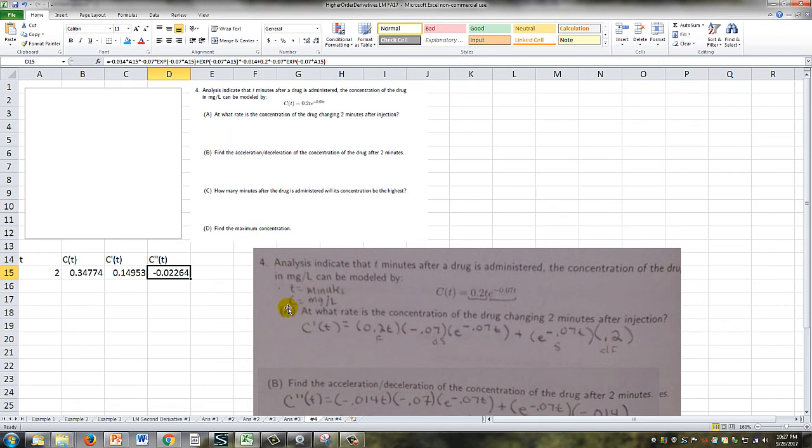Remember, t is minutes, C is concentration in milligrams per liter. At what rate is the concentration of the drug changing 2 minutes after injection? That would be the first derivative.